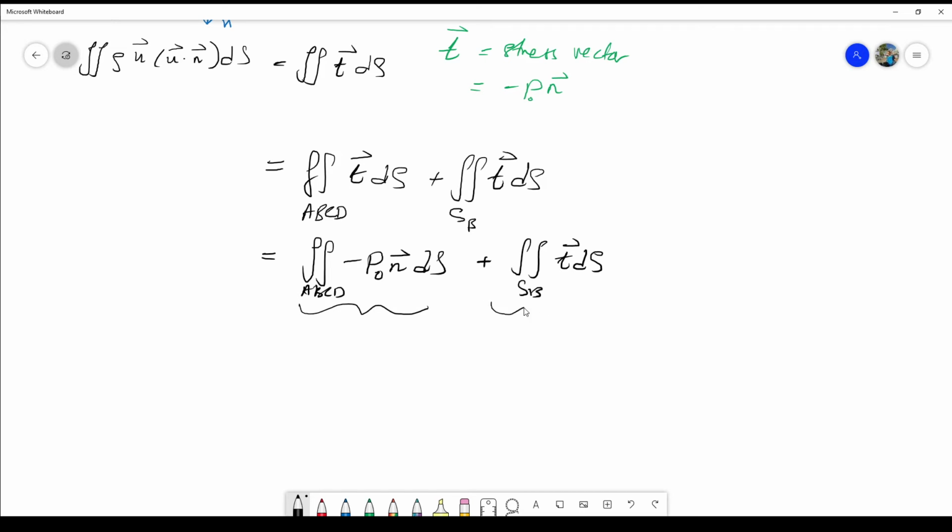And the second part of this equation refers to the force by the body on the fluid inside the control volume, and this is equal to the opposite of the force by the fluid on the body.